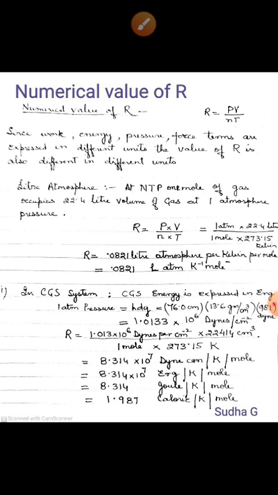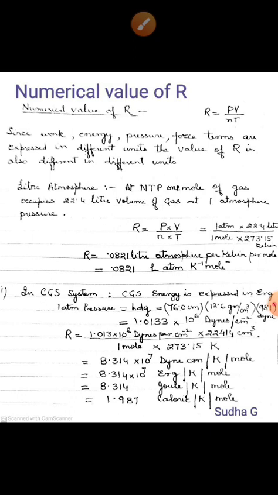Putting these values, we get 76 into 13.6 into 981 dynes per centimeter square. On multiplying this, we get 1.0133 into 10 raised to the power of 6 dynes per centimeter square pressure.